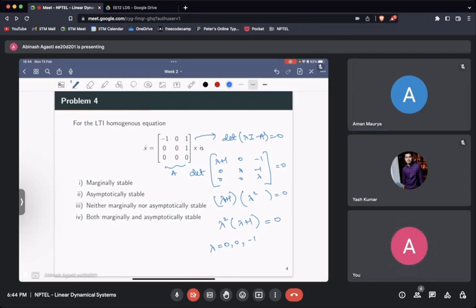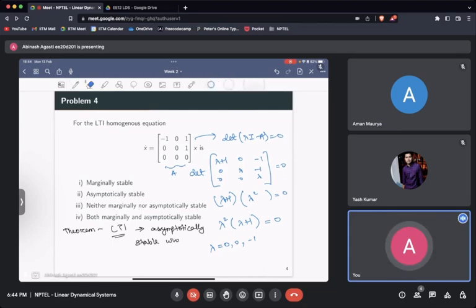There is a theorem. Essentially, a system of this form, LTI, is asymptotically stable if and only if all eigenvalues are strictly negative.